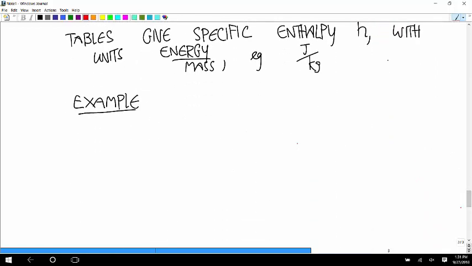Okay, so let's say we have 2 kilograms of liquid water, and let's say it's saturated at 1 bar of pressure.